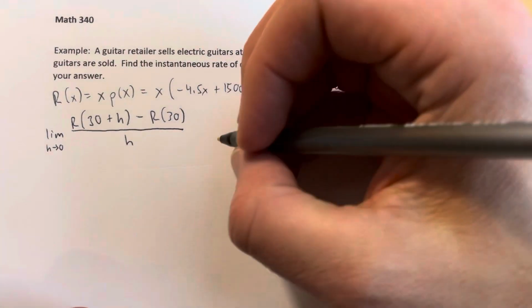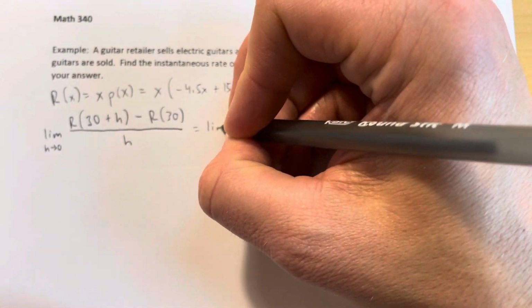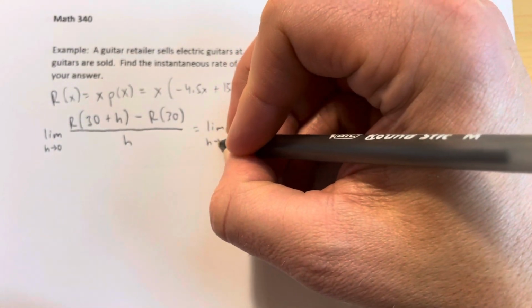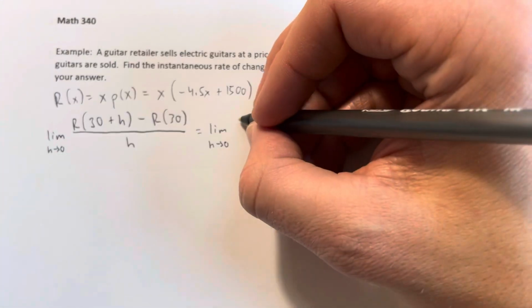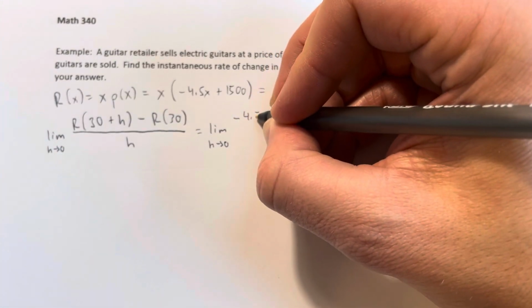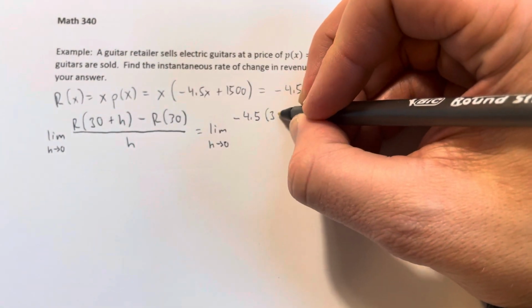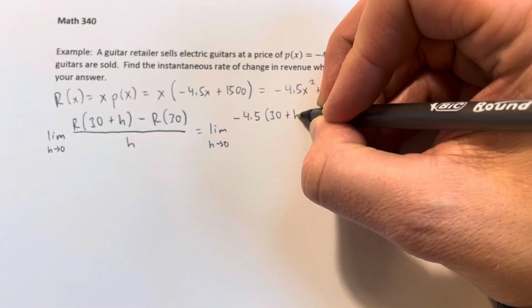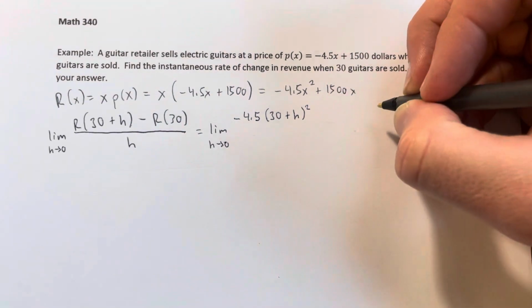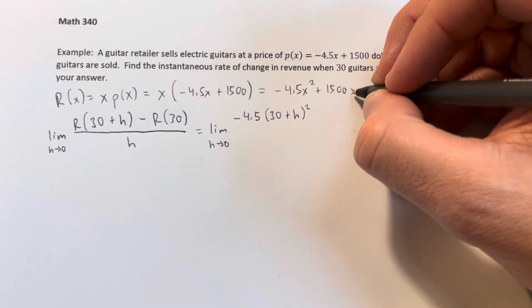Let's figure out what that looks like. So this is equal to the limit as H goes to 0 of negative 4.5 times X squared. In this case, that's going to look like 30 plus H quantity squared, plus 1,500X.